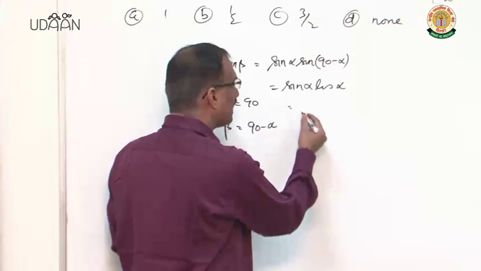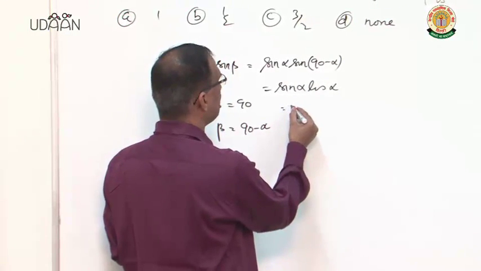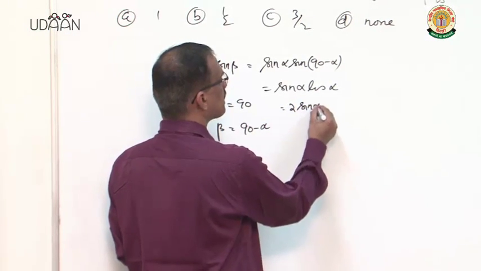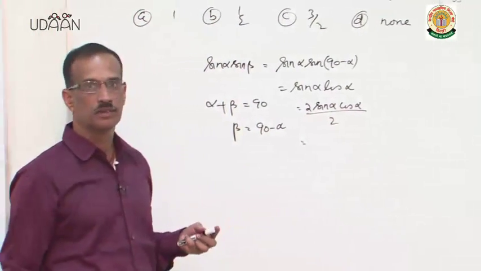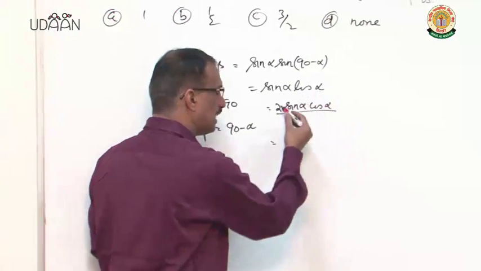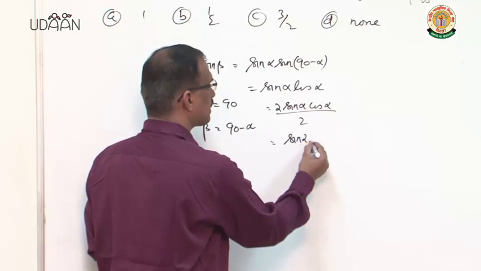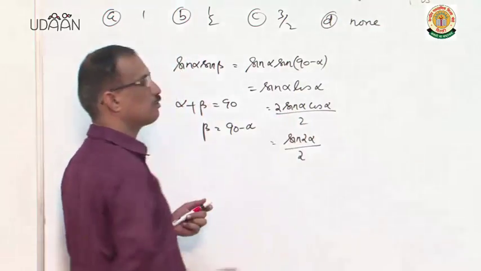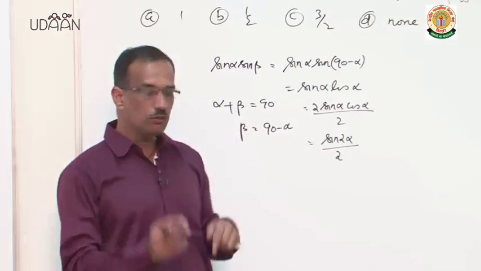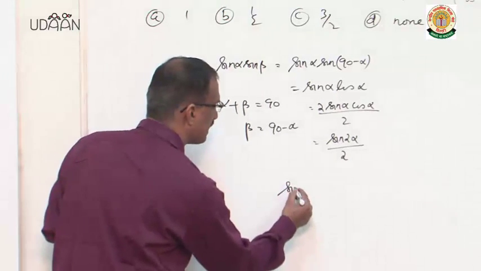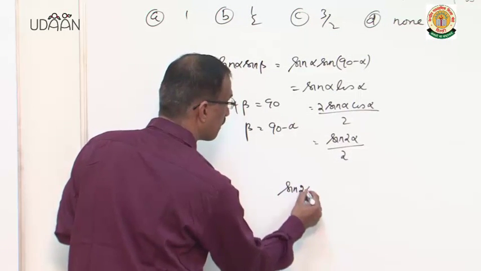Multiply and divide by 2, so you get 2 sin alpha cos alpha by 2. We know that 2 sin alpha cos alpha is sin 2 alpha, so it is sin 2 alpha by 2.